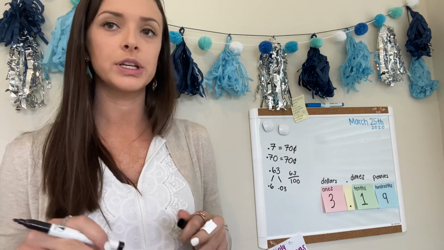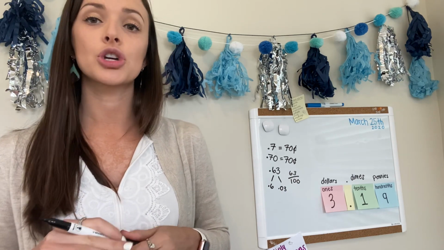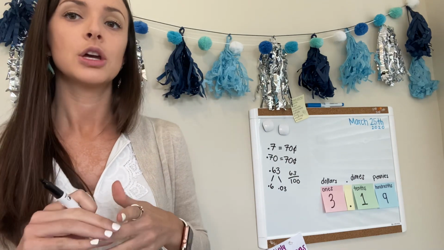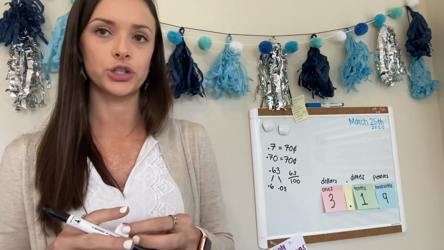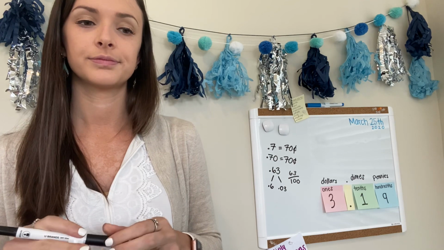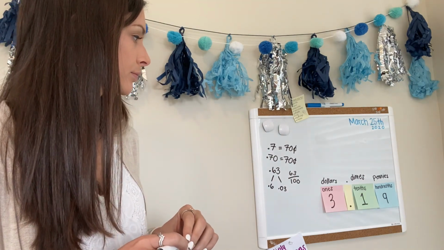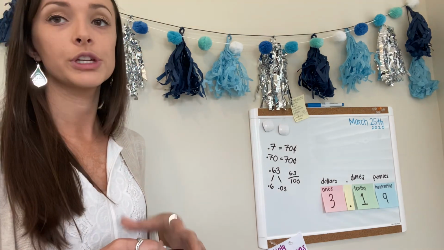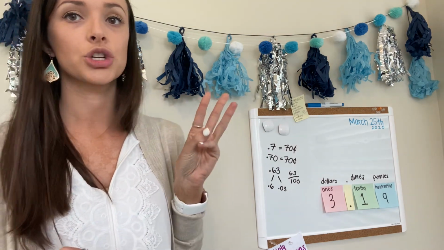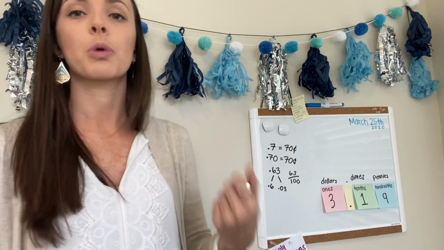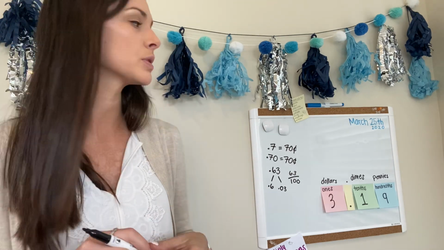Go ahead and pause the video right now, and show me 3 different ways to do 47 hundredths. All right, so hopefully you have your 3 different ways to show your 47 hundredths. We're going to go through and double check those.